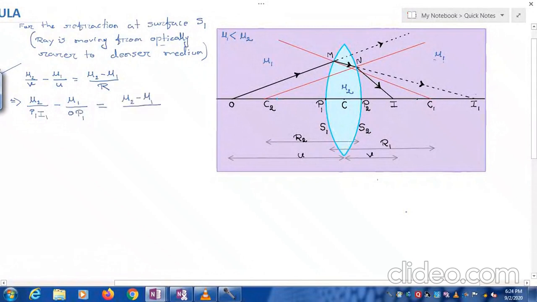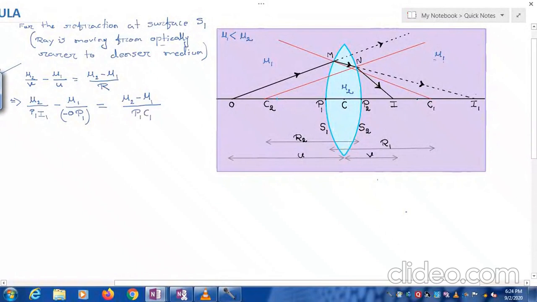Here OP1 is negative, so we will write it as minus OP1 because it is against the incident ray, or it is at the left side of the point P1. Mu2 minus mu1 divided by R. Here R is the radius of curvature of this first surface S1, which is P1C1.